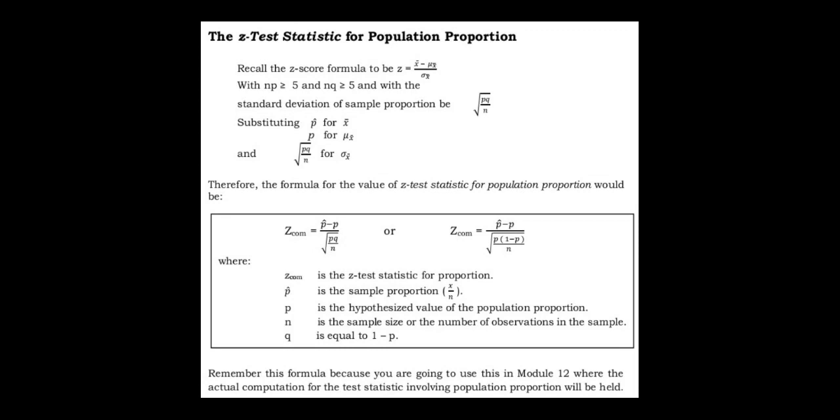Therefore, the formula for the z-test statistic for population proportion would be z computed value is equal to p-hat minus p over the square root of pq over n.